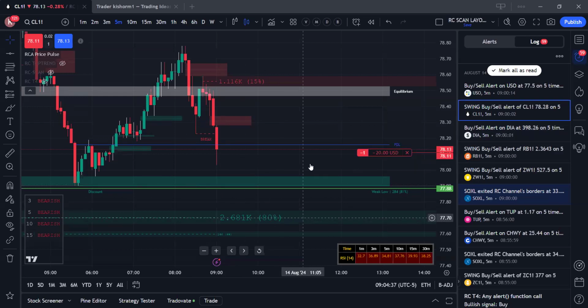So again, if you want to set a trailing stop loss or anything, you can put it somewhere here, right above the fair value gap.